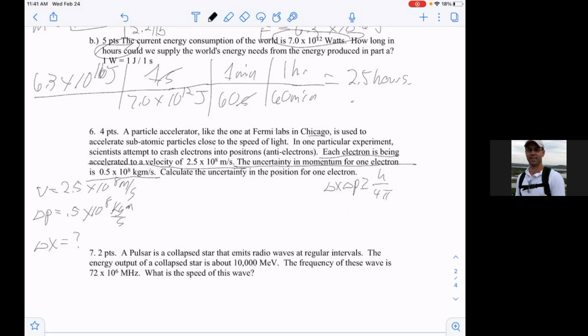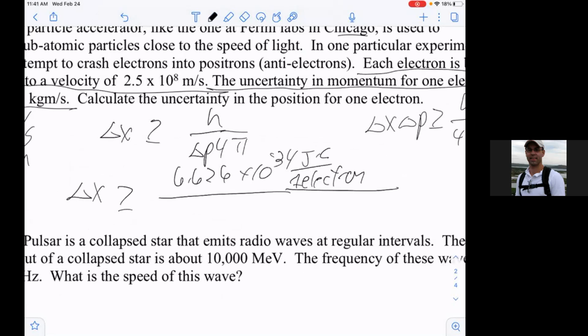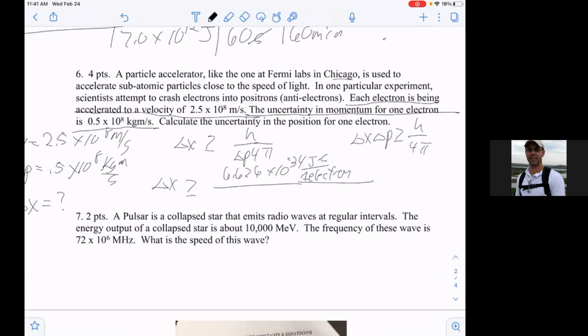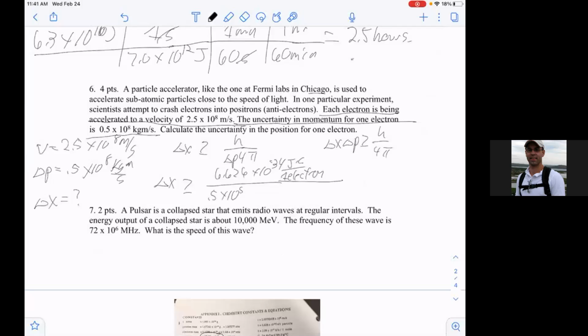So I'm going to do my algebra. Delta X is going to be greater than or equal to H over, okay? This is for one electron. And since it's for one electron, Jordan, it's going to be 6.626, divided by my delta P, which is 0.5 times 10 to the 8th, times 4 times pi.